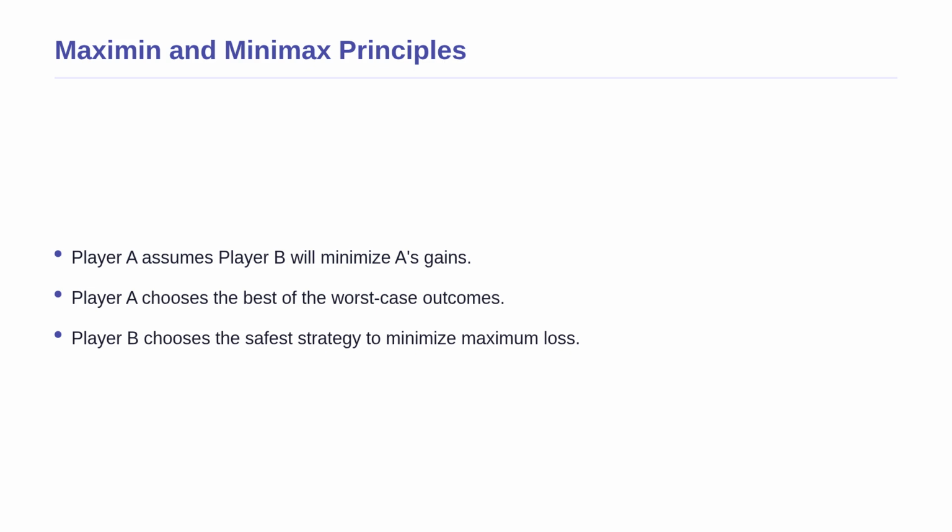This is known as the maximum of the minimums, or the maximin strategy. Conversely, player B looks at the worst possible outcome for each of their strategies, which is the maximum number in each column. Player B then chooses the strategy that provides the best of these worst outcomes, known as the minimum of the maximums, or the minimax strategy.